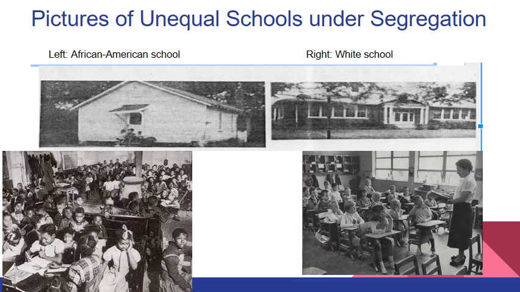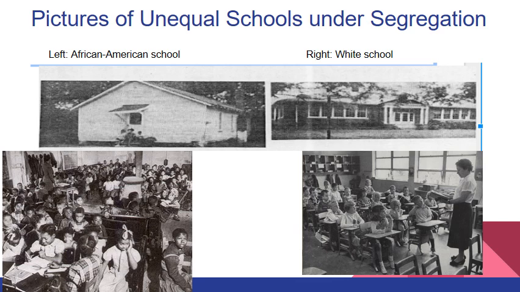Let's look at these pictures. I wanted to show a visual representation of the vast discrepancies under segregation. If you look at the left, the African American school is much smaller. It's less well kept, or less remodeled, I guess you could say, than the white school. And also, if you look at the number of students in the classroom, it's very overcrowded.